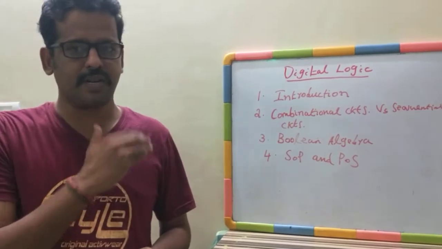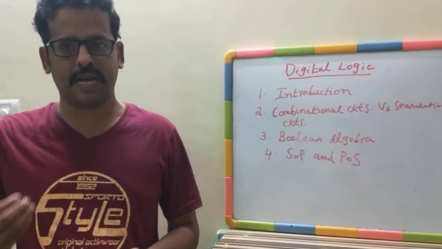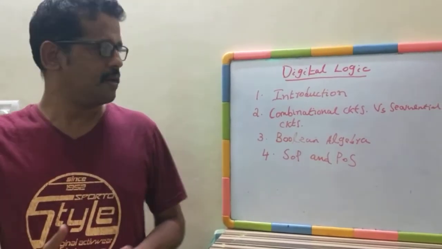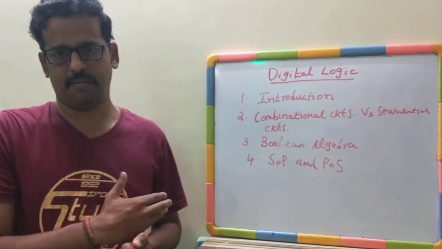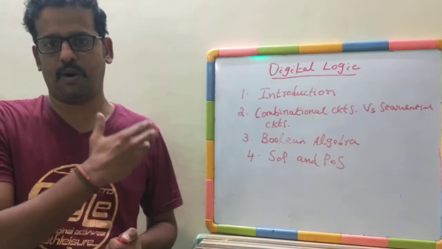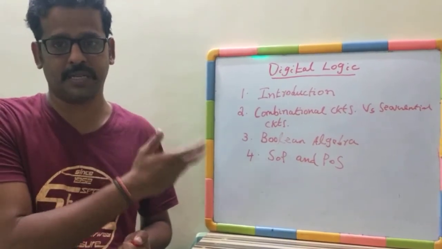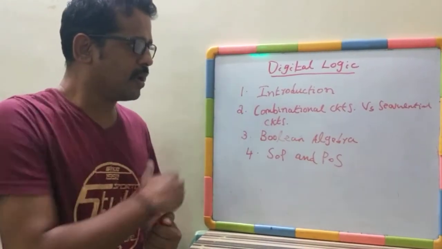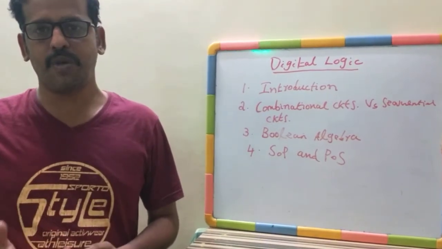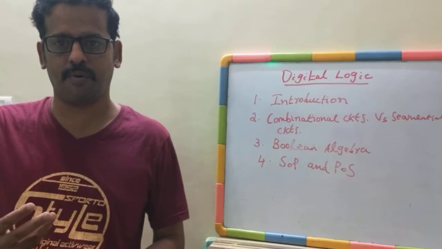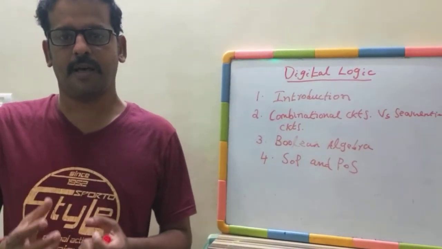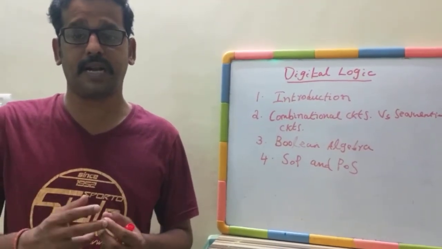Based on these two definitions, the second difference is that combinational circuits require no memory, since the output value depends only on the present input. A sequential circuit obviously requires memory, since it has to remember the past input, because the output value is based on both the present and past input.